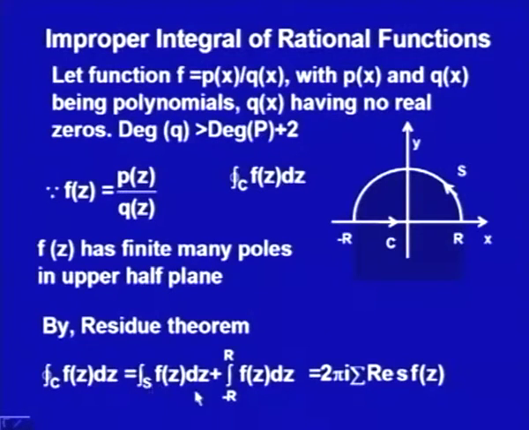The plan which we are going to follow is that we will show that as r is approaching infinity, the integral of the function f(z) along this contour, or this semicircle S, is approaching 0. Then we could get the improper integral using the residue theory. So, let us see what we now want.